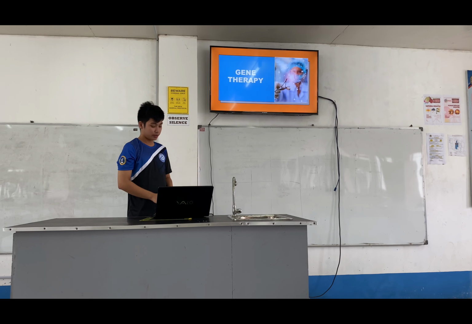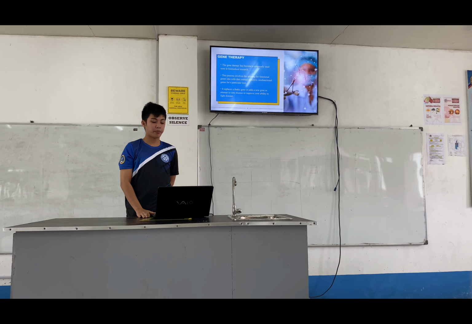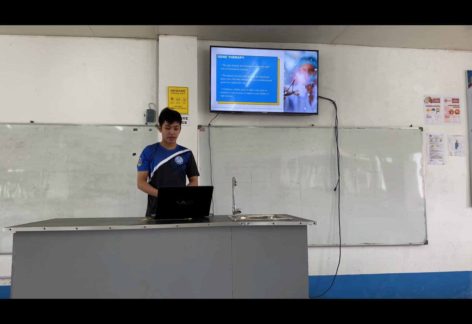Gene therapy has become a commonly used term in biomedical research because, as we all know, gene therapy is one of the treatments of disease by transfer of genetic materials into the cells.